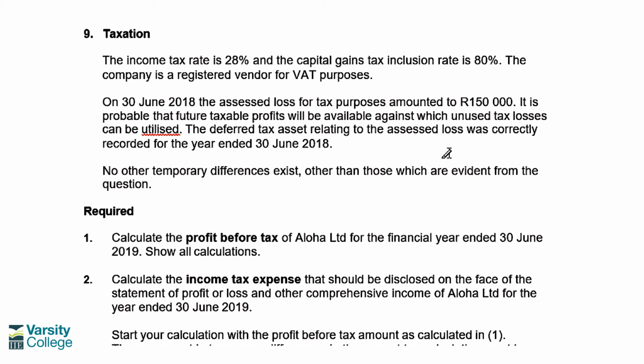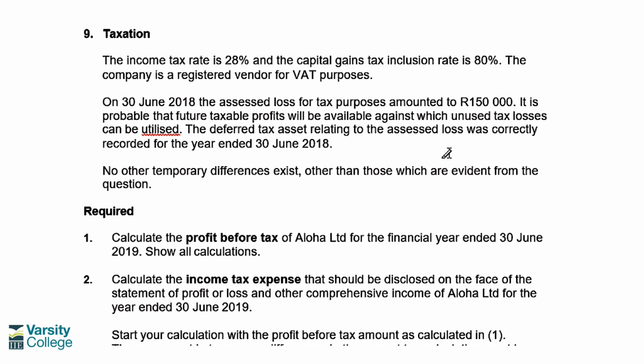It basically states that you may only create a deferred tax asset if there is a probability that you will get the tax benefit of that DTA in the future. And the only way you're going to get a tax benefit from it in the future is if you make a profit, as simple as that, or if you make taxable income. So they told you here clearly that they do expect to make profits in the future, in which case it means we can raise the entire DTA on the assessed loss.